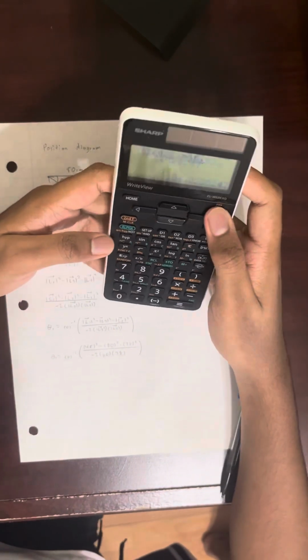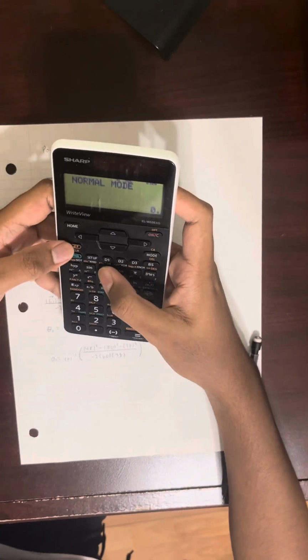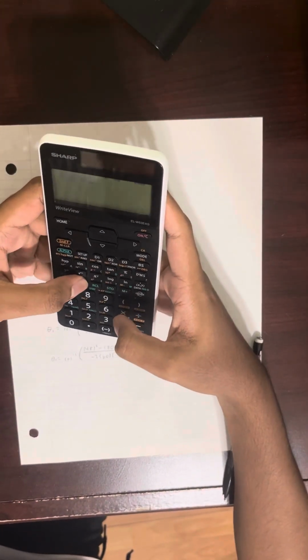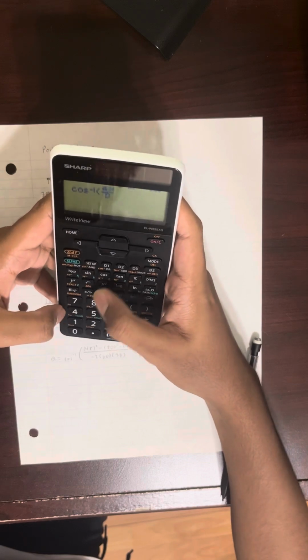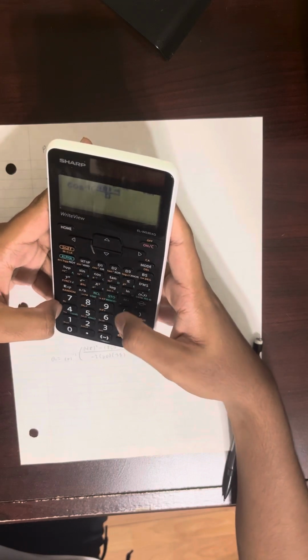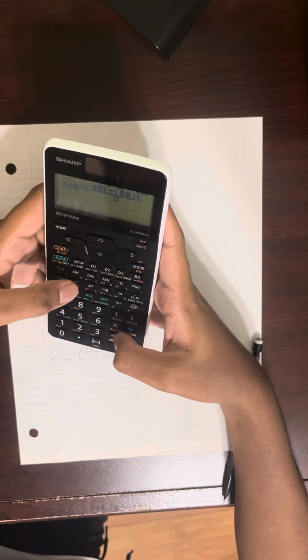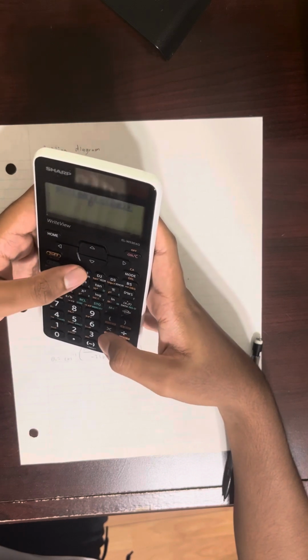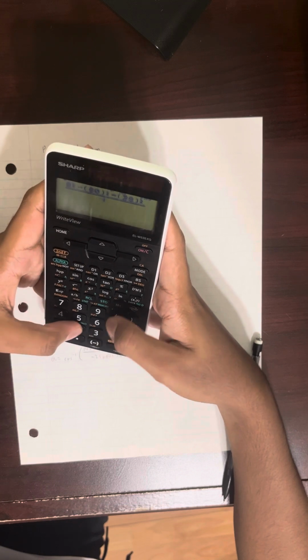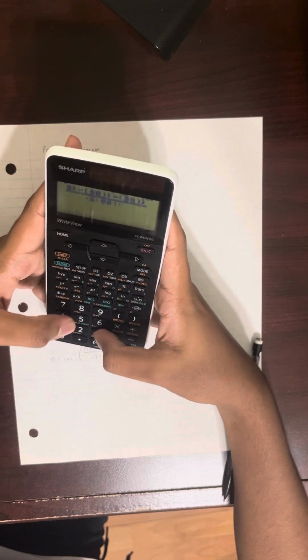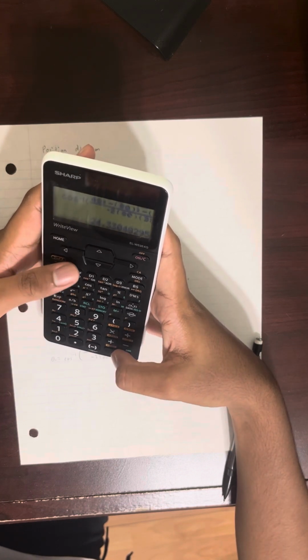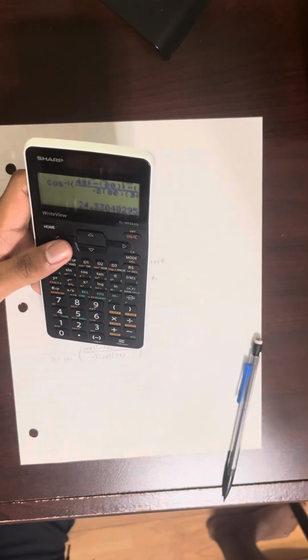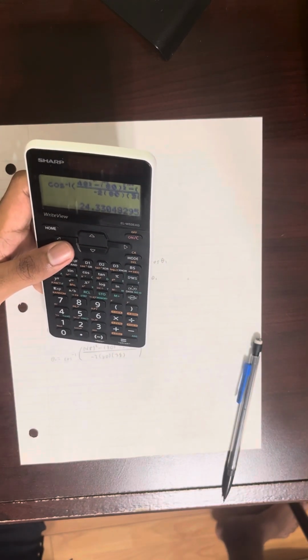So we've got inverse cos 48 to the power of 2 minus 80 to the power of 2 minus 38 to the power of 2 over -2, 80, 38. And you've got 24.33 degrees.